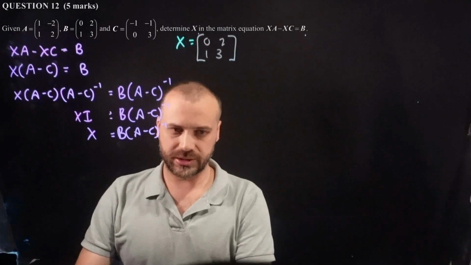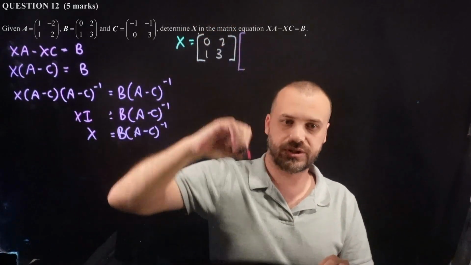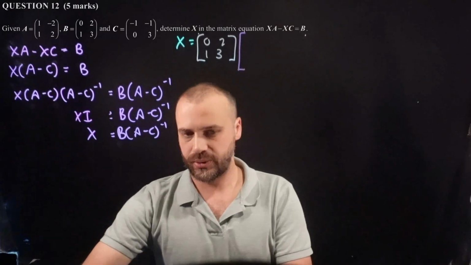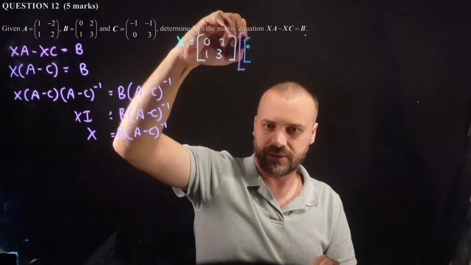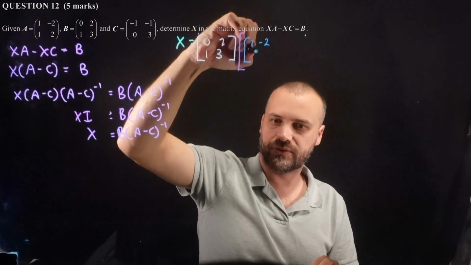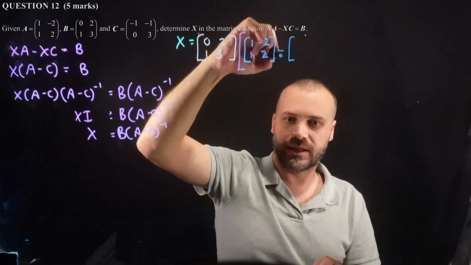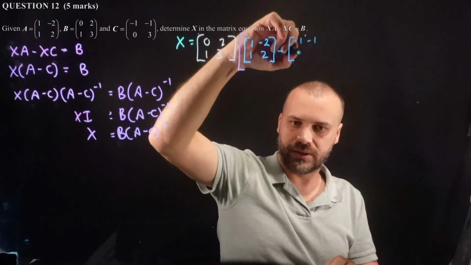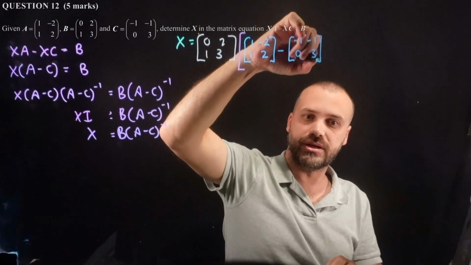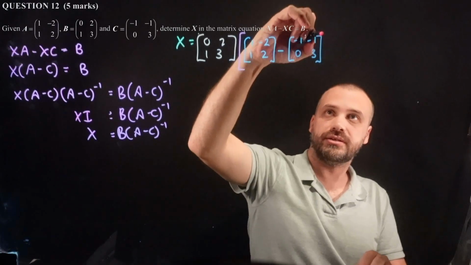Now we're going to swap colors here to make sure that we're being very obvious. Now we're going to do the inverse of, and then we put our first matrix inside it, which is A. 1, negative 2, 1, 2, minus, and then our next one is C, negative 1, negative 1, 0, 3. Okay, and there are our two matrices, A minus C.